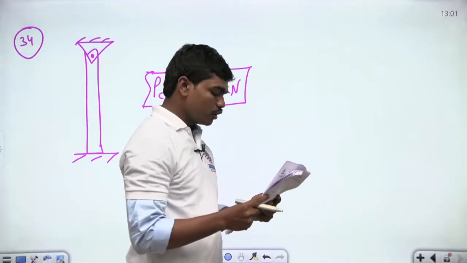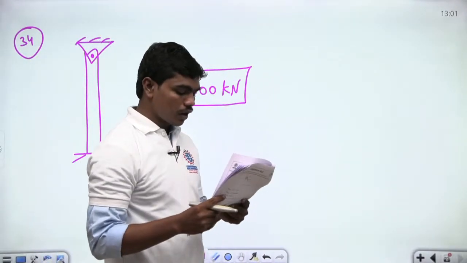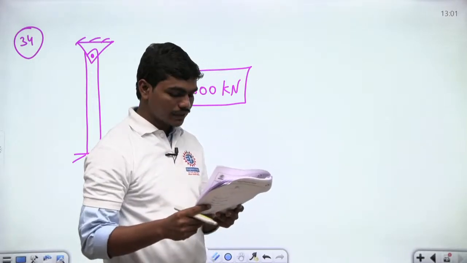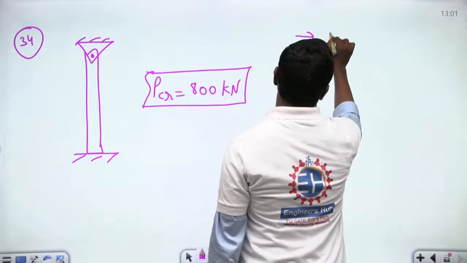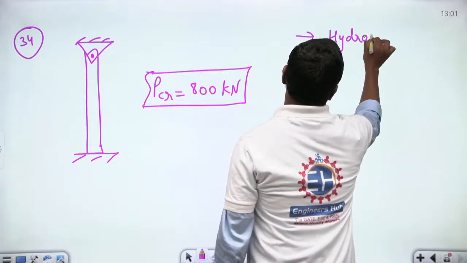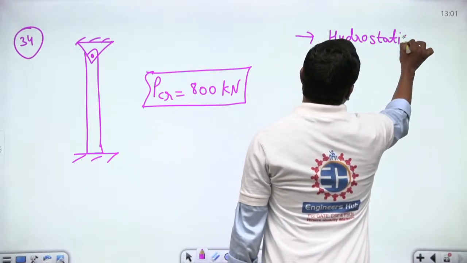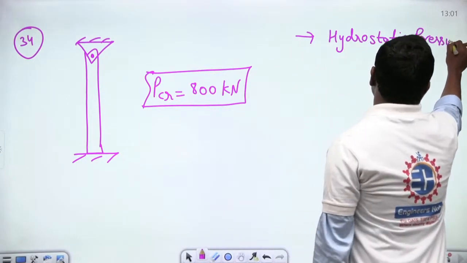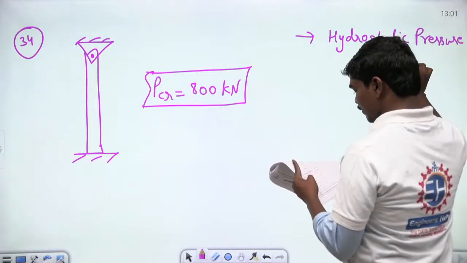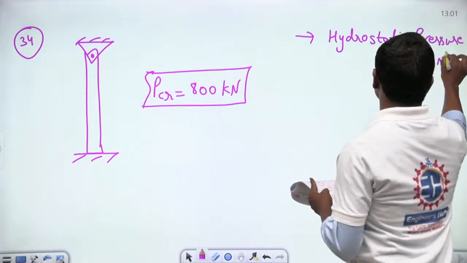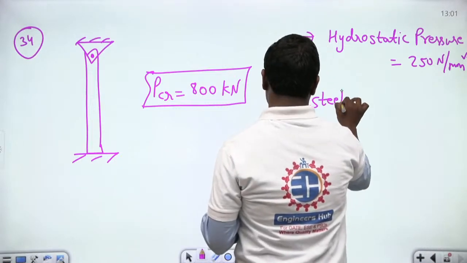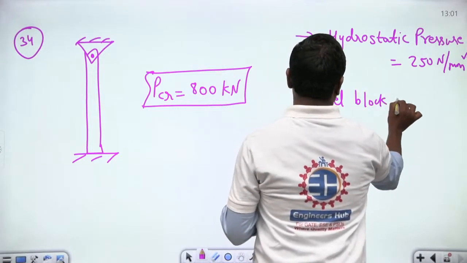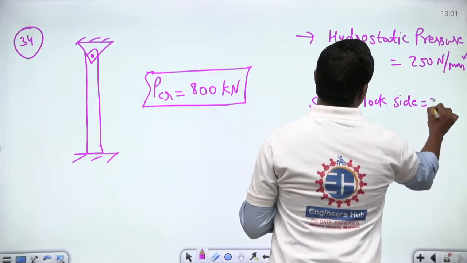Next, steel cube block side is 200 mm, hydrostatic pressure is given. They are asking you for reduction inside in mm. So for this question, in which hydrostatic pressure is given, this hydrostatic pressure is 250 Newton per mm square, and then we have the steel block side, this is also given 200 mm.